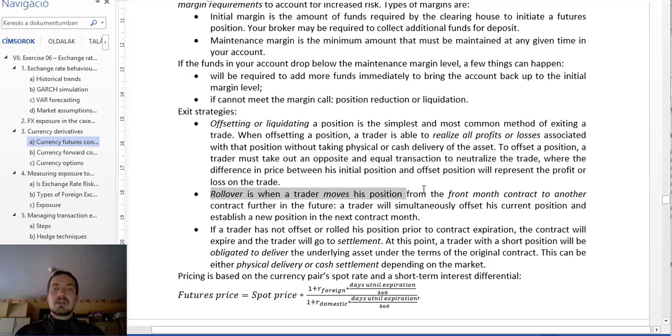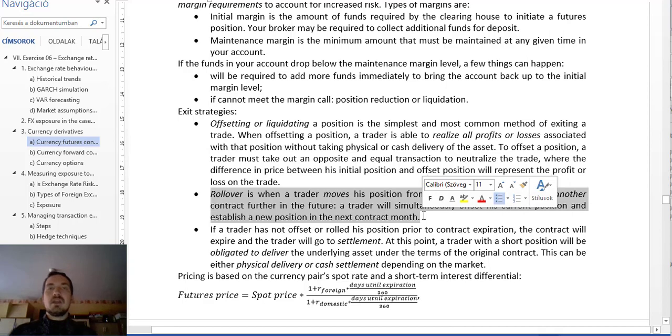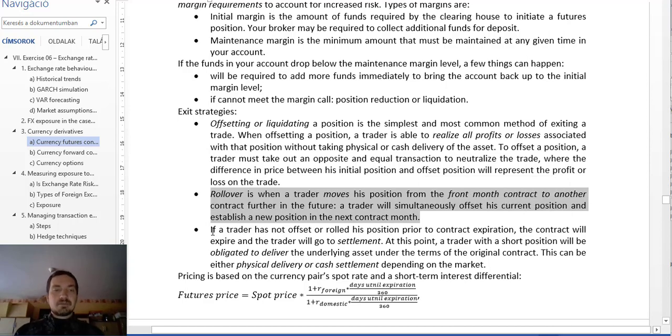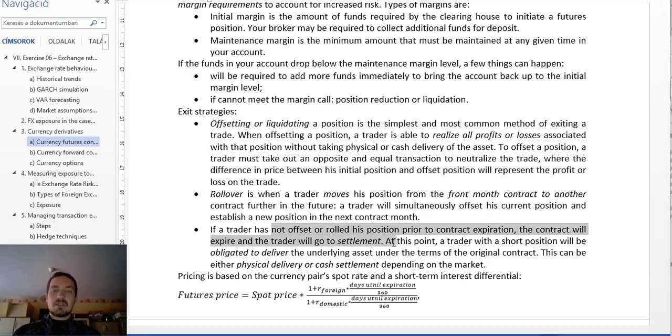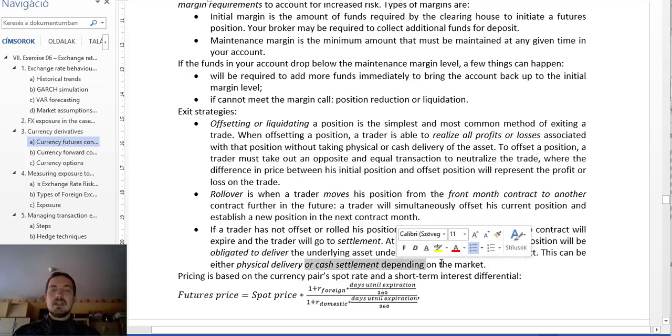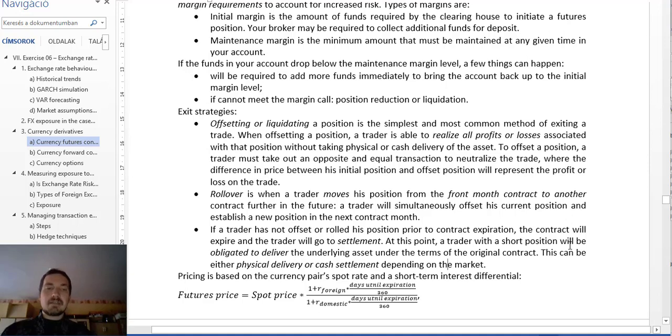Rollover means that we are opening a new position for the next month, and in this case we can just continue. And if we are not offsetting or rolling our position before the expiration, then we have to go for settlement, and in this case we are obliged to deliver, and physical or cash settlement can be done.